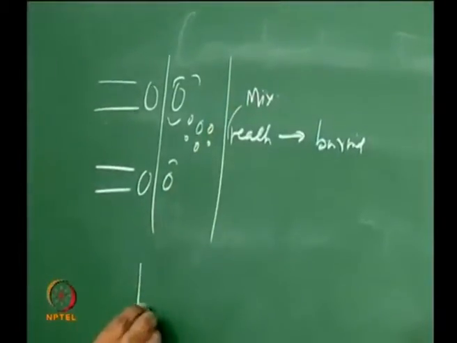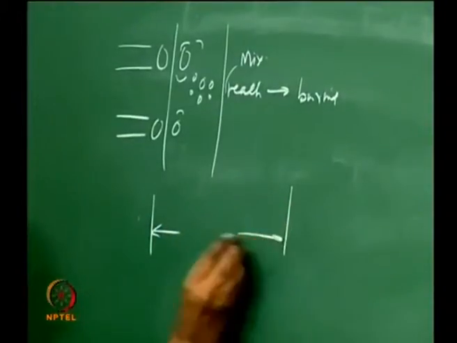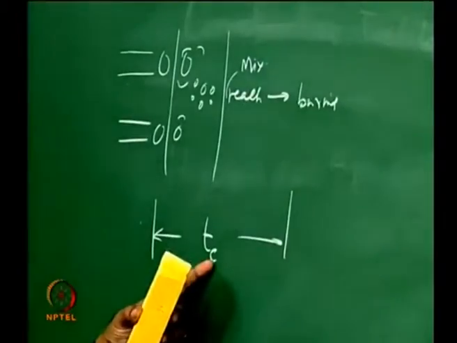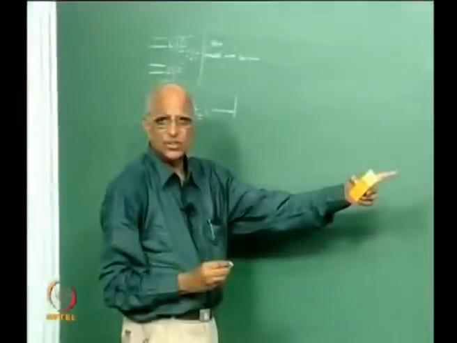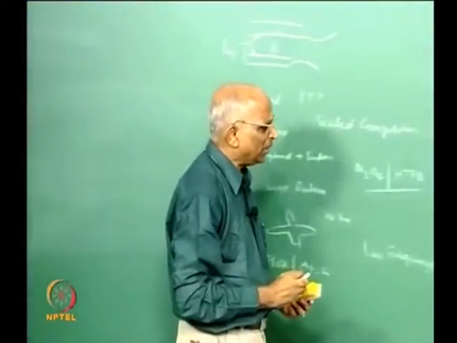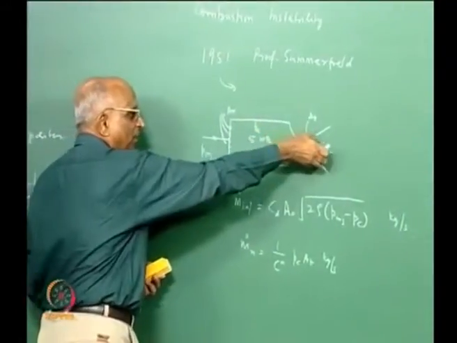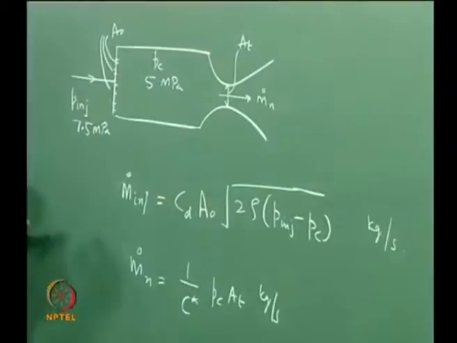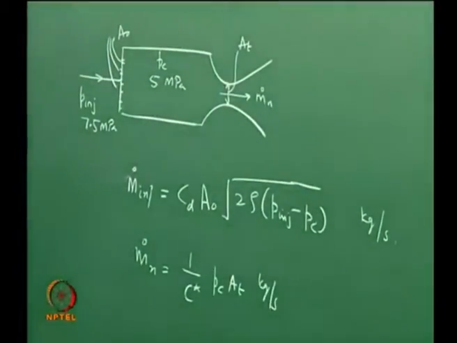Therefore, if I say the entire process from injection to burning takes a time of, let us say, T delay, due to combustion delay is Tc seconds, then I need to make some changes in this equation. What is it I am telling? Something is entering, it has to form gases before it leaves the nozzle, and therefore if I were to write an equation which takes care of the rate of mass variations, what is it I would be writing?